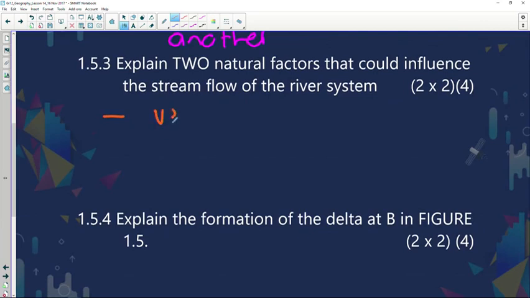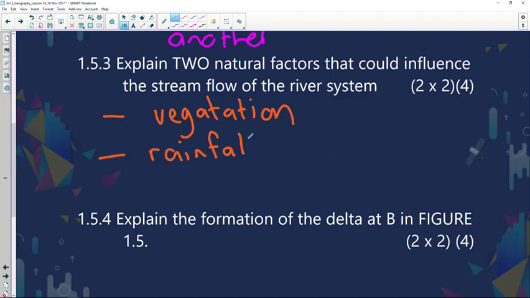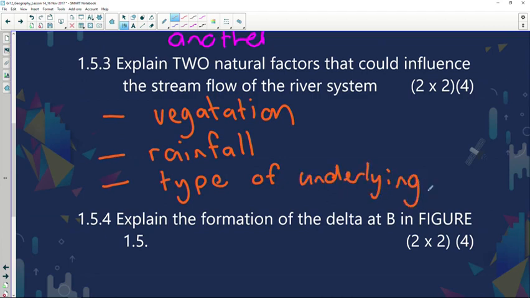The amount of vegetation, the amount of rainfall, the type of underlying rock, and you can say the steepness of the gradient. Now keep in mind, I've only asked you to mention two. I gave you four factors that explain it.